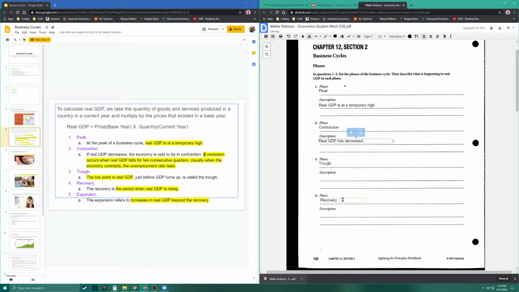Now a trough, it's a low point in real GDP. So here, a low point in real GDP. And then what's the recovery? It's where GDP begins to rise.